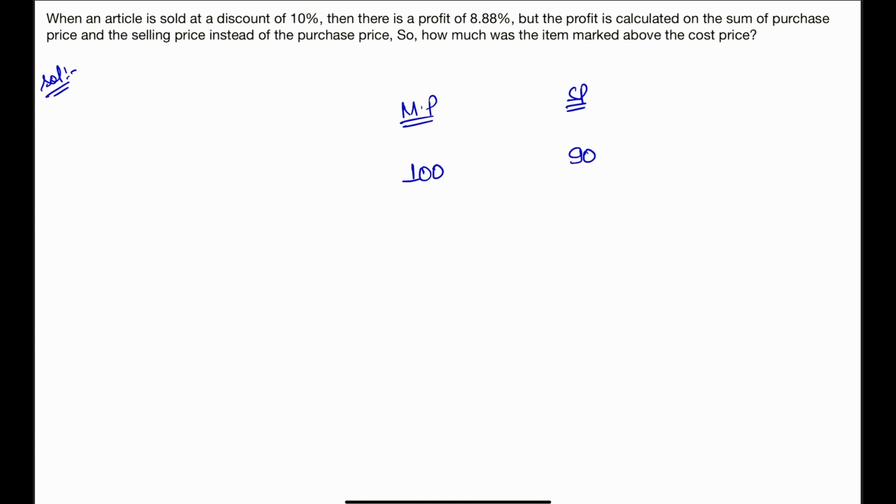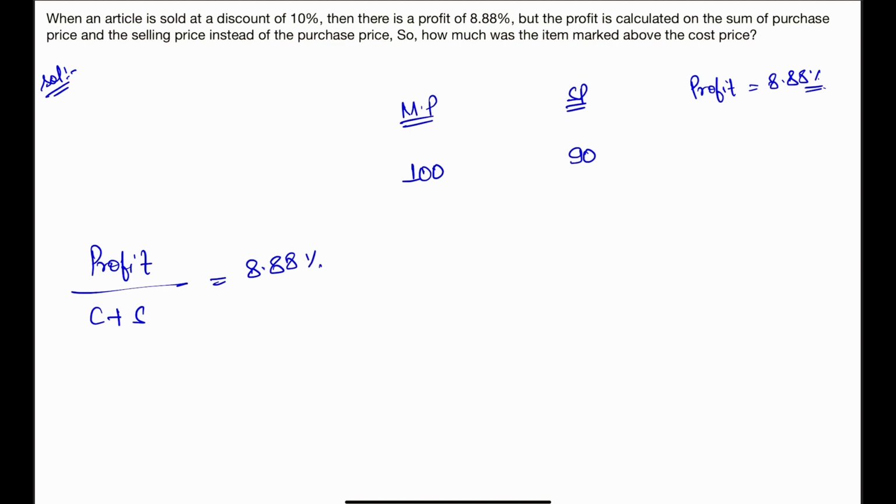And in that case my profit would be 8.88%. But the profit is calculated on the sum of the purchase price and the selling price instead of the purchase price. So the profit percentage is profit upon cost price plus selling price, and that is 8.88%, right?